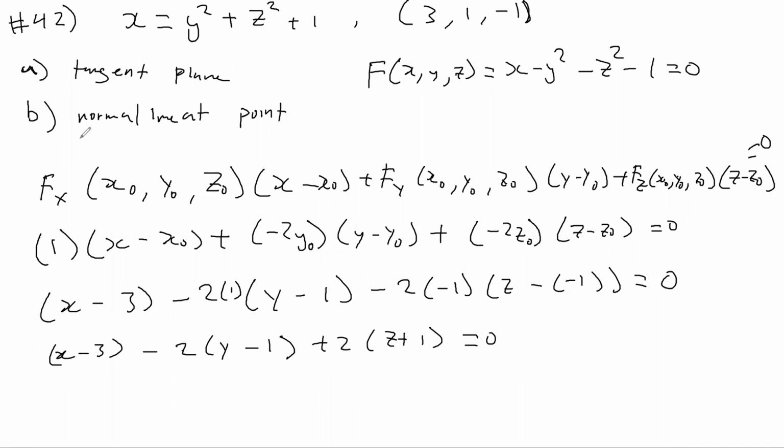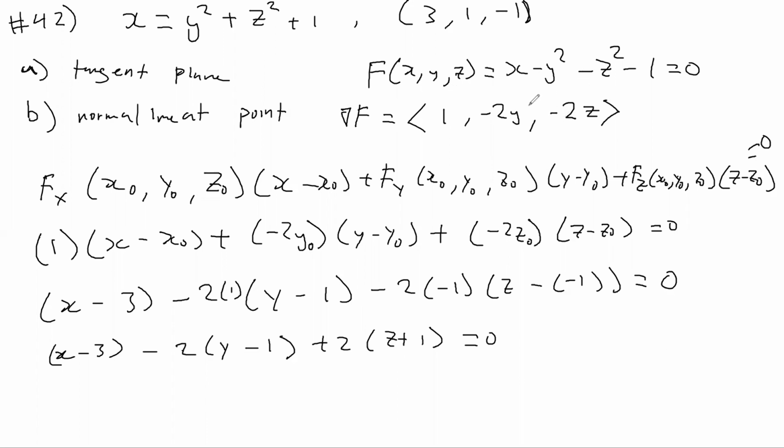And then the next thing to ask is the normal line at the point. One thing to note is that the gradient vector of f, which I would write as 1, negative 2y, negative 2z, is going to point in the direction of the normal line.